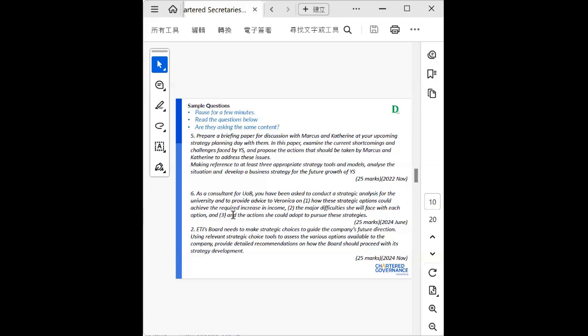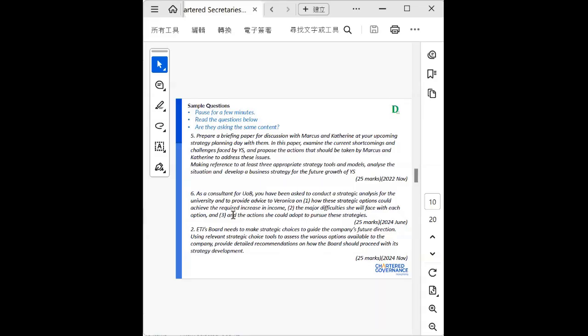So it's very clearly stated here, the requirement of the answer. But this question again is not a full 25 marks question on section D. Some marks will be allocated to section E, I think about 5 marks or so. The scope covers the strategic choices, driving business forward, business level strategy, internationalization as a strategic option.